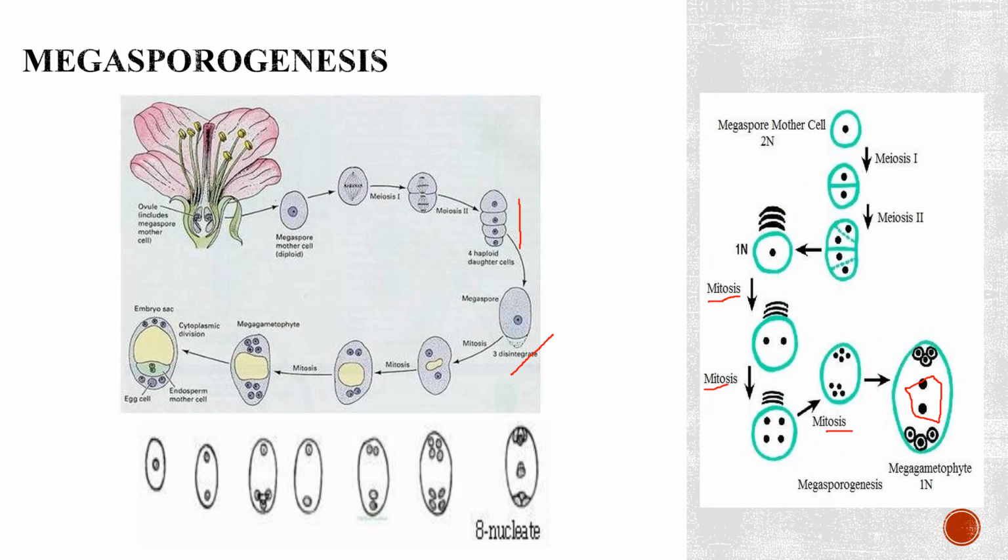Of these 7 cells, a large binucleate central cell is formed and there are 3 cells at each pole: the 3 micropylar as well as 3 chalazal cells. The micropylar cells form a complex called the egg apparatus, while the chalazal cells are called antipodal cells. All these cells are interconnected with plasmodesmata.